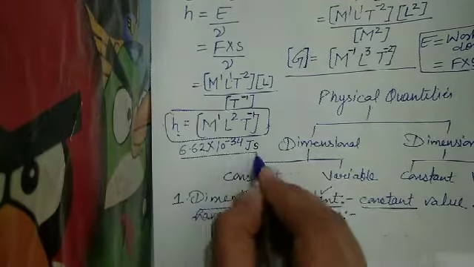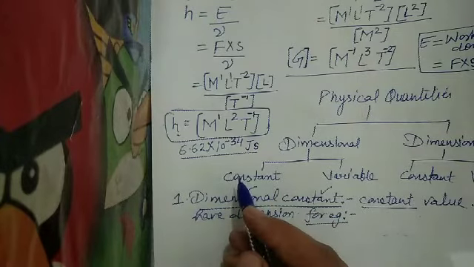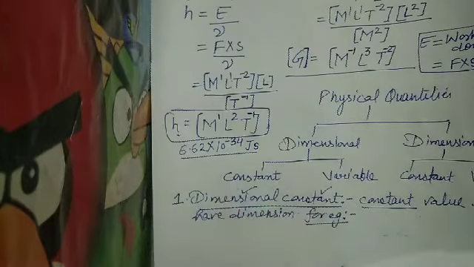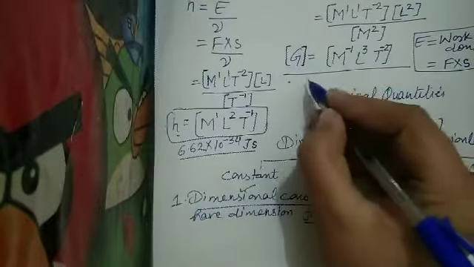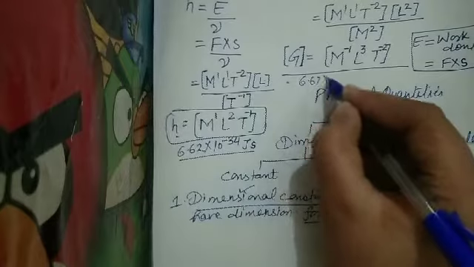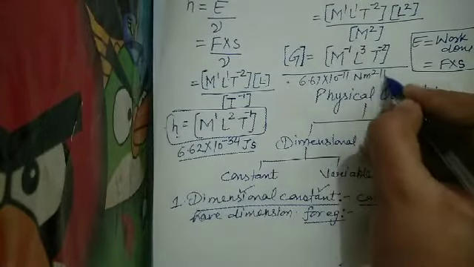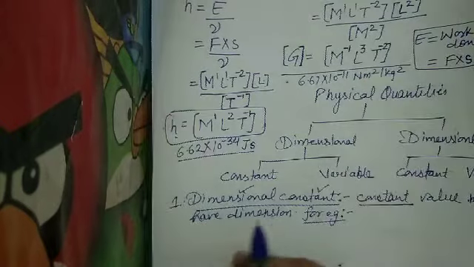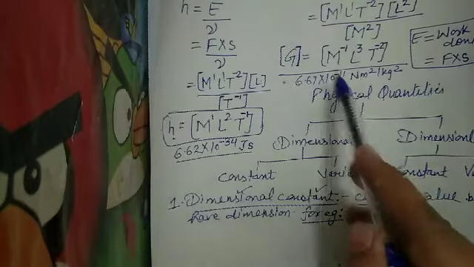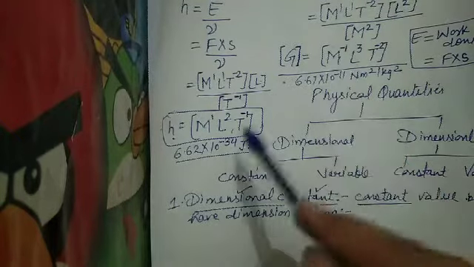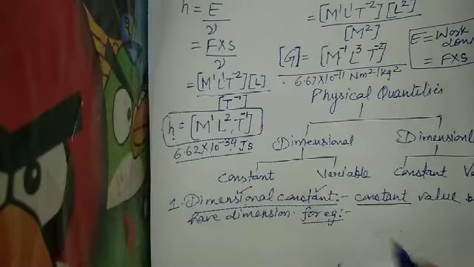Don't worry, you have no need to learn it. The universal gravitational constant has the value 6.67 into 10 raised to power minus 11. No learning, but I want to make clear that its value is constant, still having dimension. Constant value but dimension, so it is termed a dimensional constant.